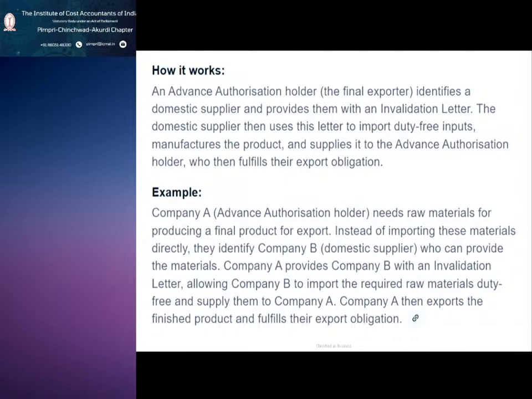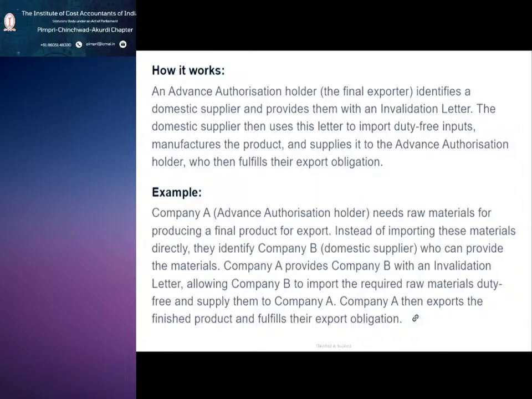So invalidation letter, this is the example. Company A is the holder of advance authorization. They need raw material for producing a final product for export. Instead of importing these materials directly, they identify company B who can provide the materials.